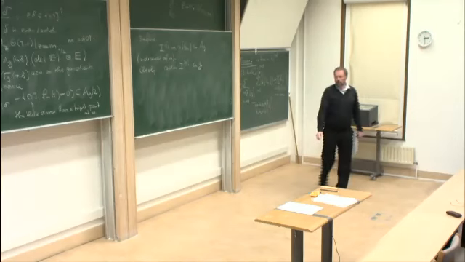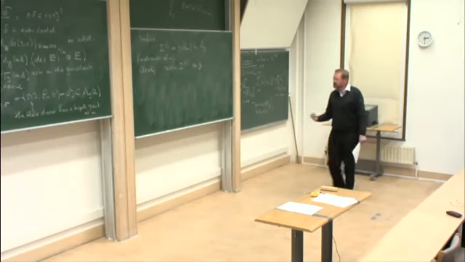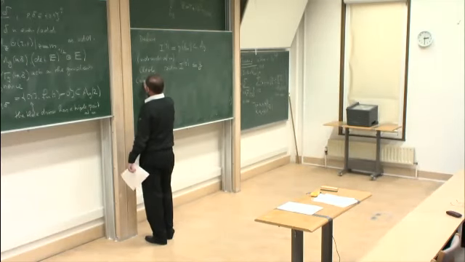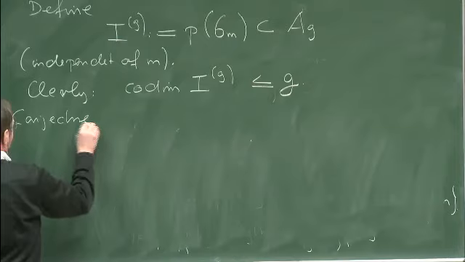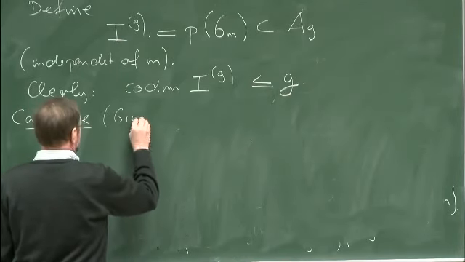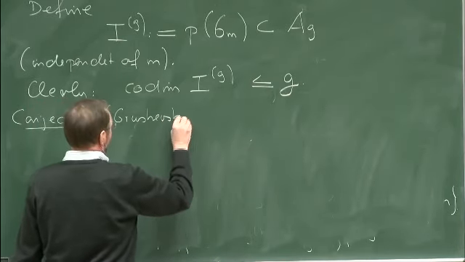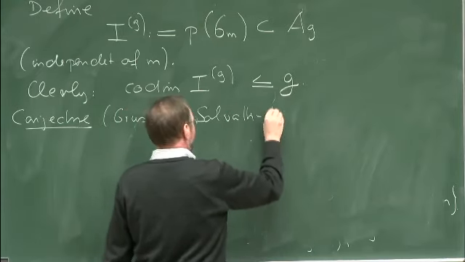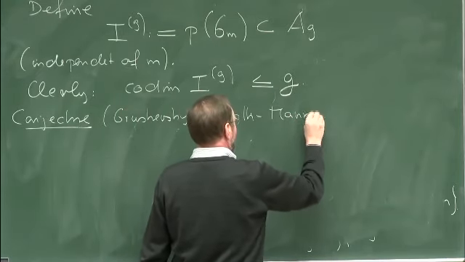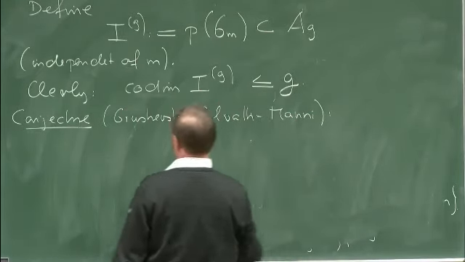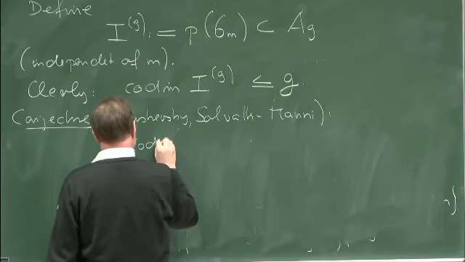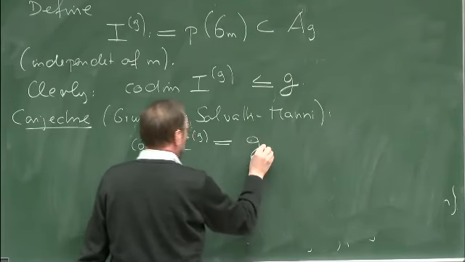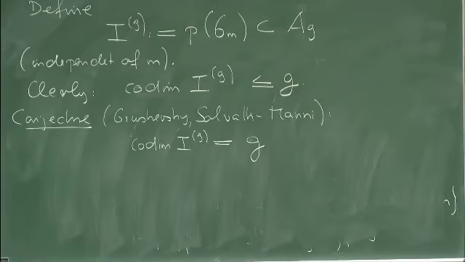Okay. And then what we clearly have is that the codimension of this set in A_g is at most g, because it is the zero set of a section in a rank g vector bundle. There is a conjecture due to Grushevsky and Salvati Manni which says that the codimension of this set is always g for every g.